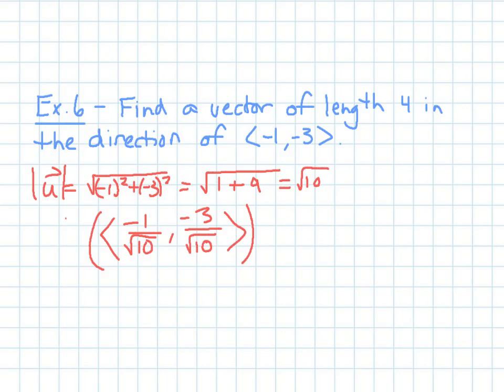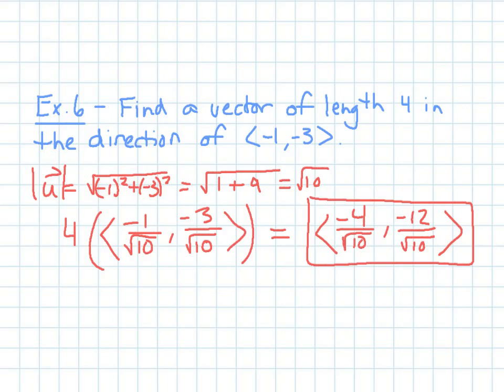So 4 would be our new scalar. Multiplying that scalar through gives me -4 over square root of 10, comma, -12 over square root of 10. That would be my new vector of length 4 in the direction of -1, comma, -3.